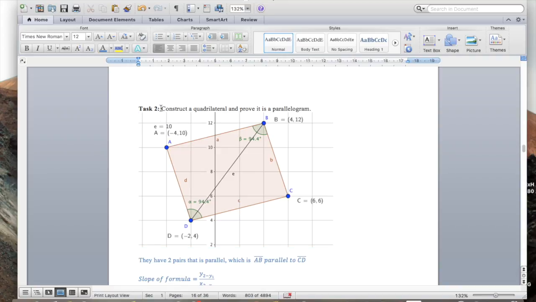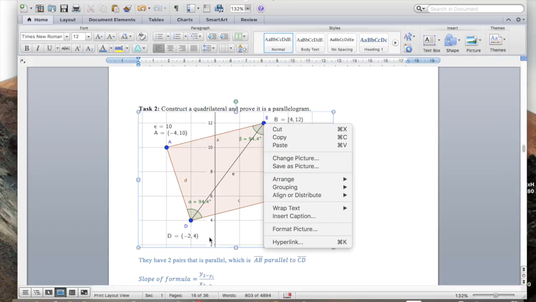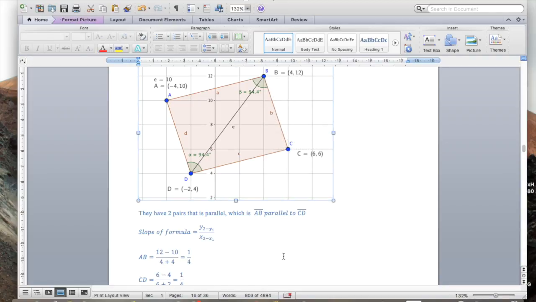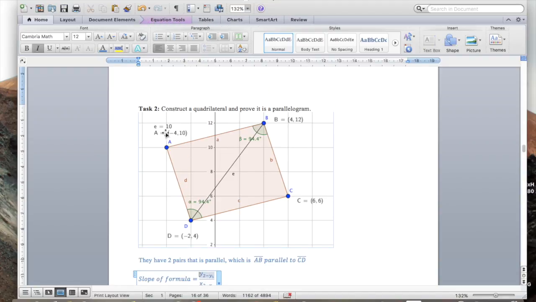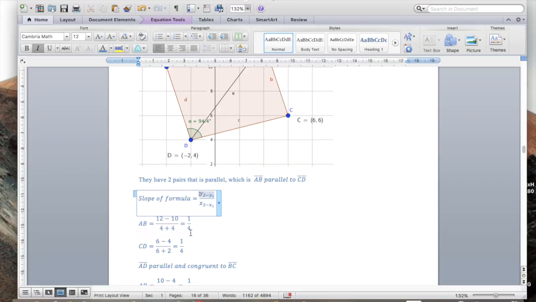We need to draw a picture, draw a shape of it, and prove it's a parallelogram by using the slope formula, which is this. And we put the numbers in, like y2, we use the numbers here and solve it.